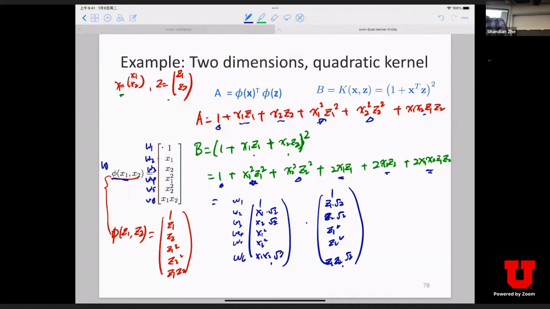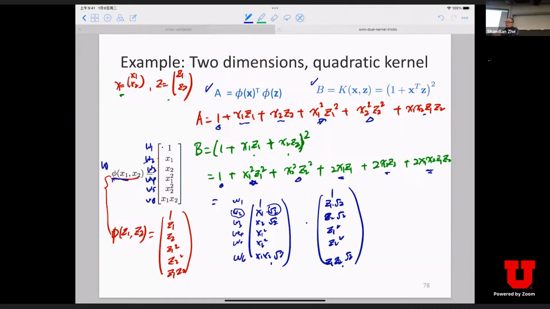You know that it actually just rescales W2 by a square root of 2, which is equivalent to the W2 learned by using A. So actually there's no difference, except that you only need to rescale some weight elements. That's why we say computing A is equivalent to computing B. Does this make sense? Any questions so far?